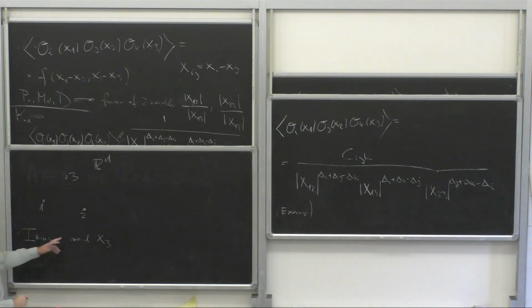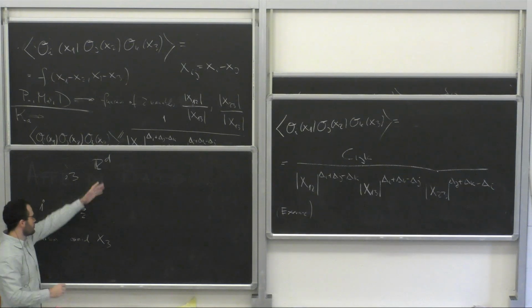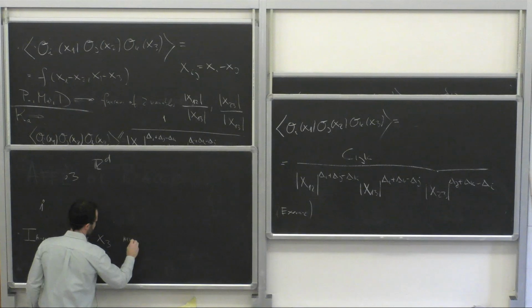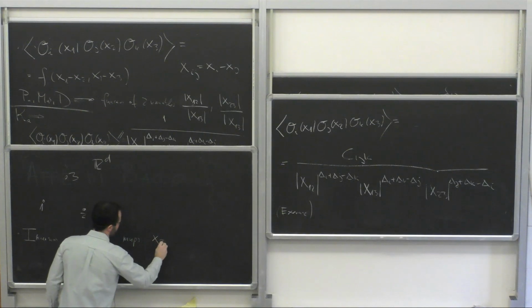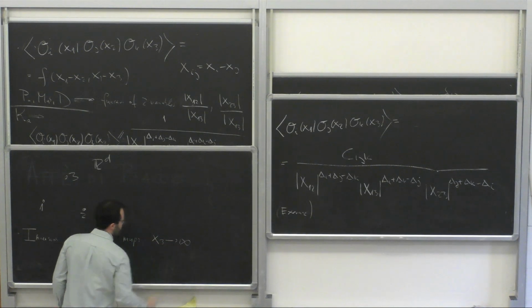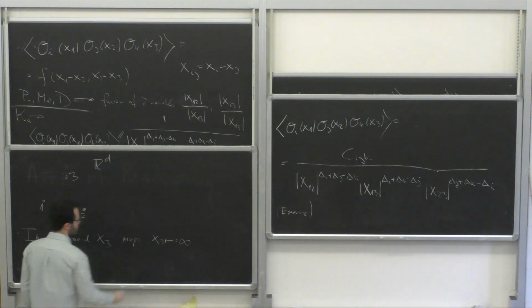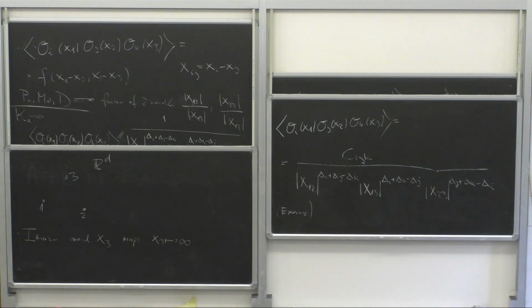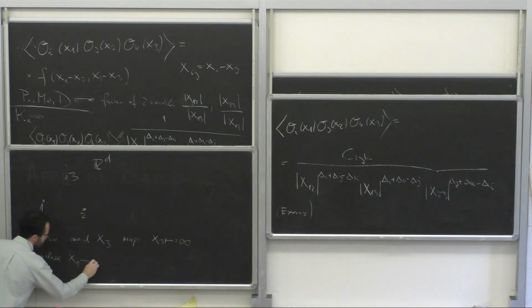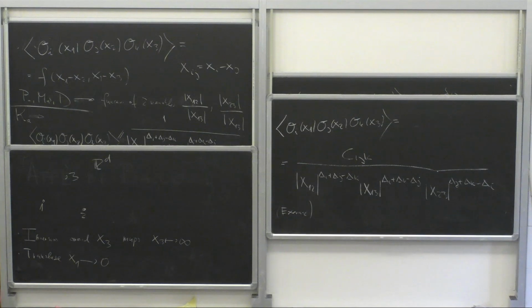Inversion around x3 is going to map x3 to infinity. And now you can still use all of the transformations which preserve infinity, so translations, rotations, and scaling. So you can now still translate x1 to the origin. So now we have x3 at infinity, x1 at the origin, and x2 is somewhere.